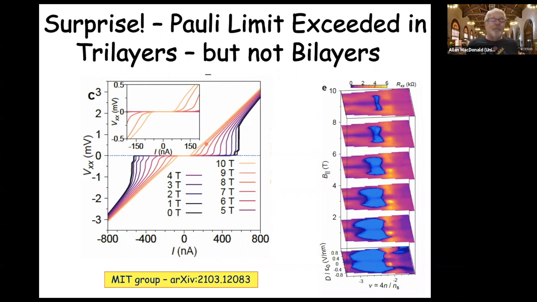And it's going to turn out these two things are related to each other in a way I'll explain. I'm showing you now some data from a very recent preprint from the Pablo Jarillo-Herrero group at MIT. What you see in this plot is just IV, dissipationless transport up to a critical current.